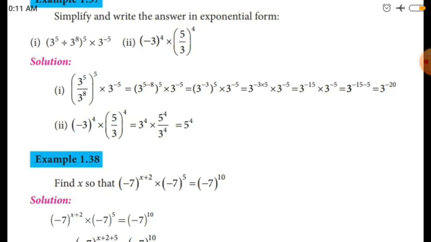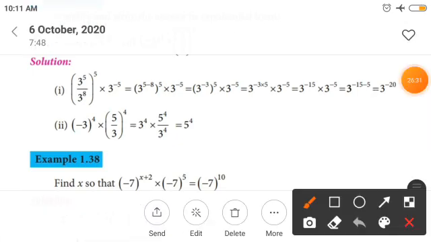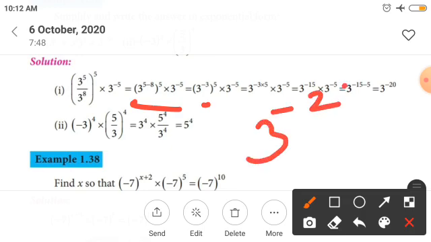That is 3 to the power minus 15 into 3 to the power minus 5, which is 3 to the power minus 5 minus 5, equal to 3 to the power minus 20. Minus 20 is the answer.